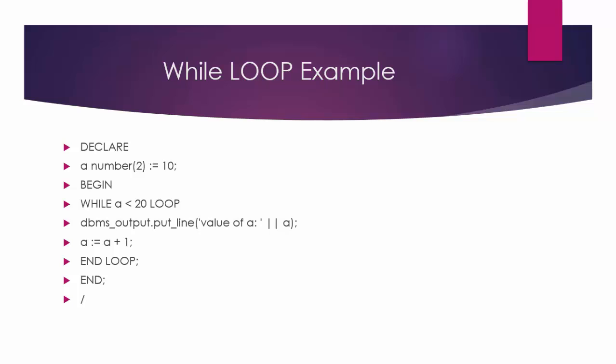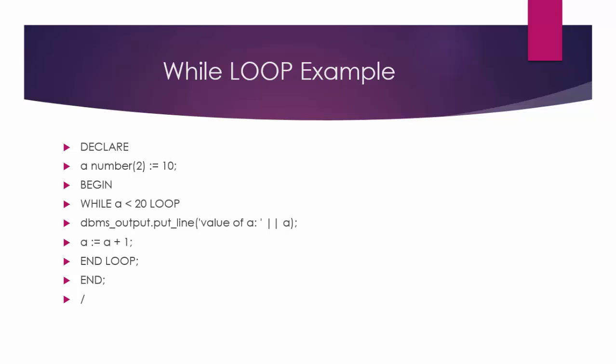Let's see a while loop example. Again you have a, of type number, and the value is 10. Here we check, rather than writing for, we write while a is less than 20 loop, which means as long as a is less than 20, keep executing this part of code. And which part? This is the output part.